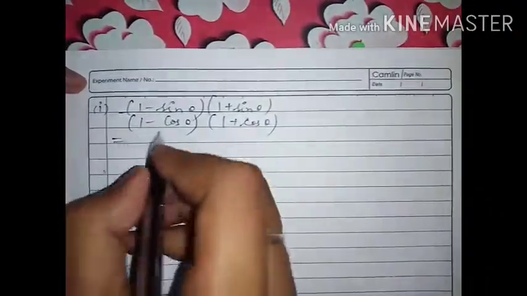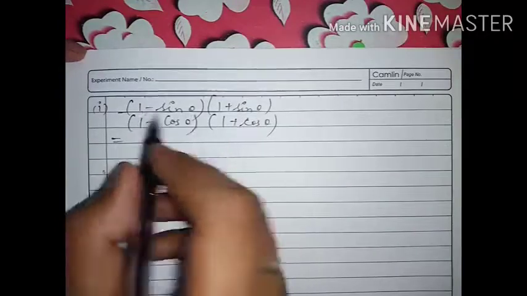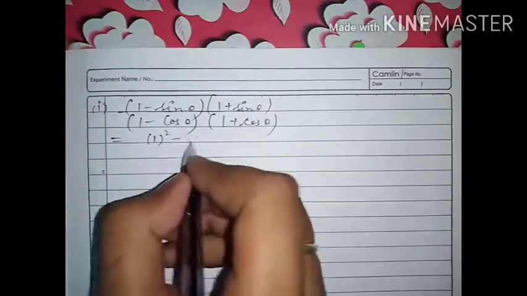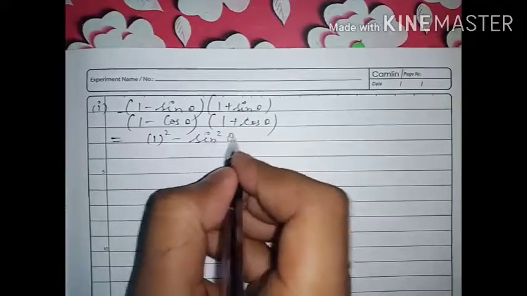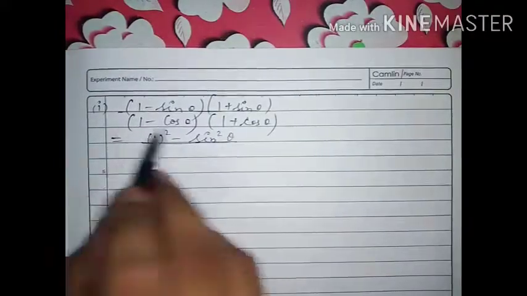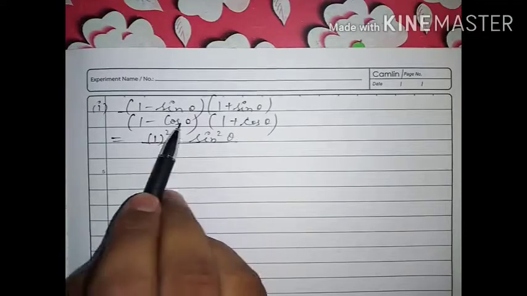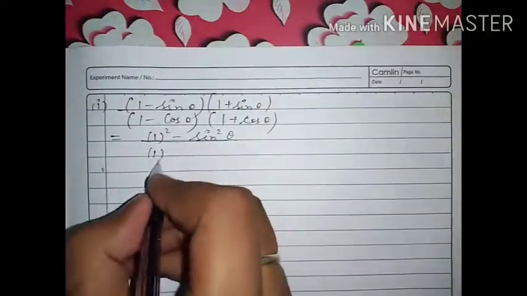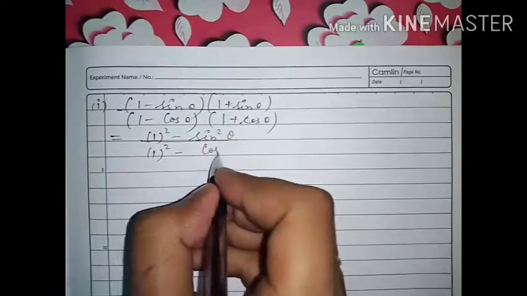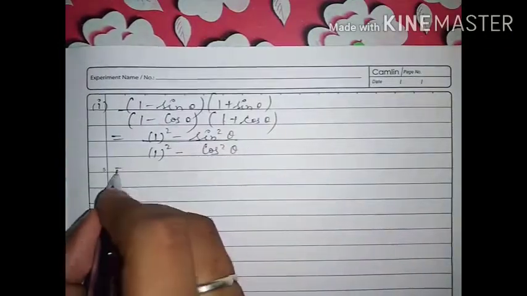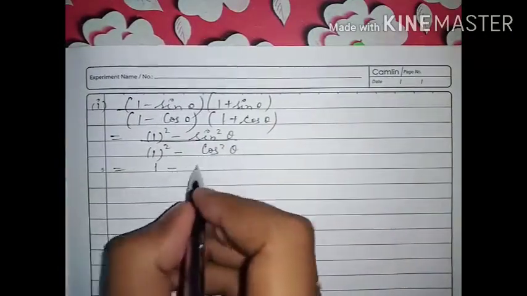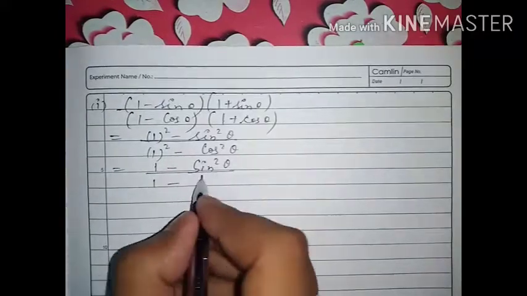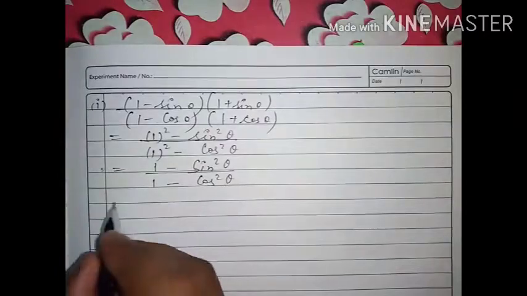So we can write 1 square minus sin square theta by 1 square minus cos square theta. So it becomes 1 minus sin square theta by 1 minus cos square theta.